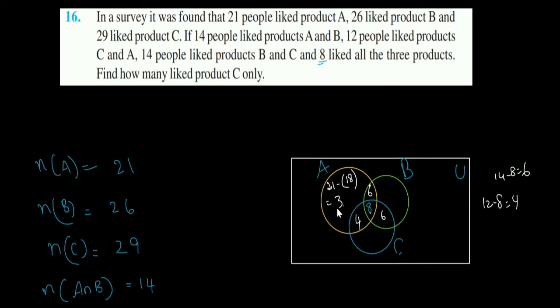Write only 3 here. B. How many like the product B? 26. So you won't write 26 here. 26 minus 8 plus 6, 14 plus 6, 20. So what do you write here? 6. Then how many like the product C? 29. 29 minus 8 plus 4, 12 plus 6, 18. So what is that equal to? 11.